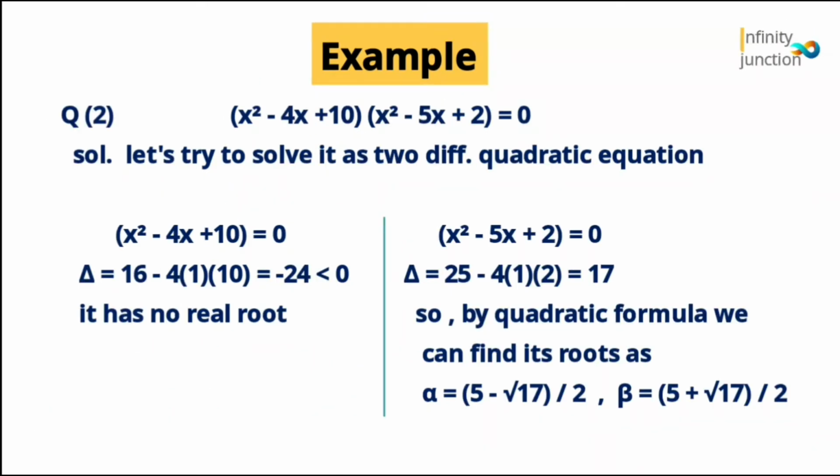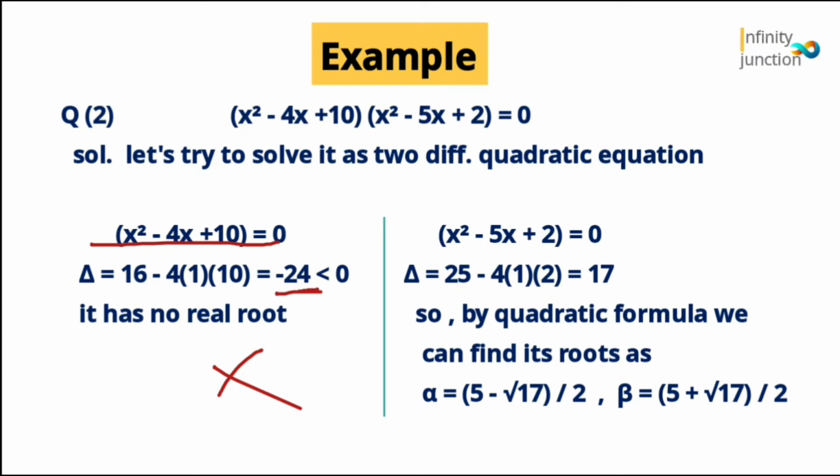So x square minus 4x plus 10 dot x square minus 5x plus 2 equals 0. Now these are two quadratic equations in p dot q form. So let's try to solve it as two different quadratic equations. If you solve x square minus 4x plus 10 equals 0, the discriminant is minus 24, which is clearly less than 0, so it has no real root.